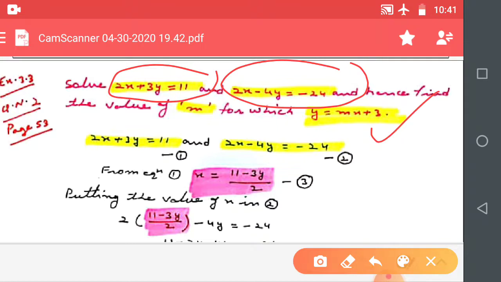So first equation, 2x plus 3y is equal to 11. From this equation, the value of x is 11 minus 3y upon 2.